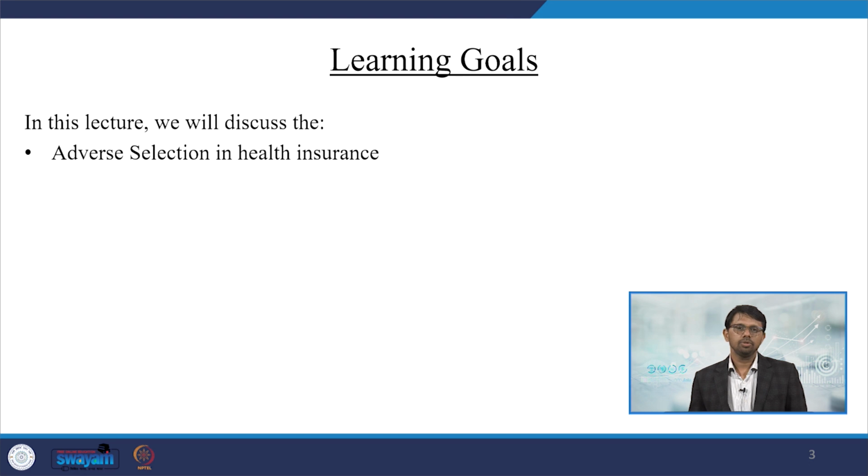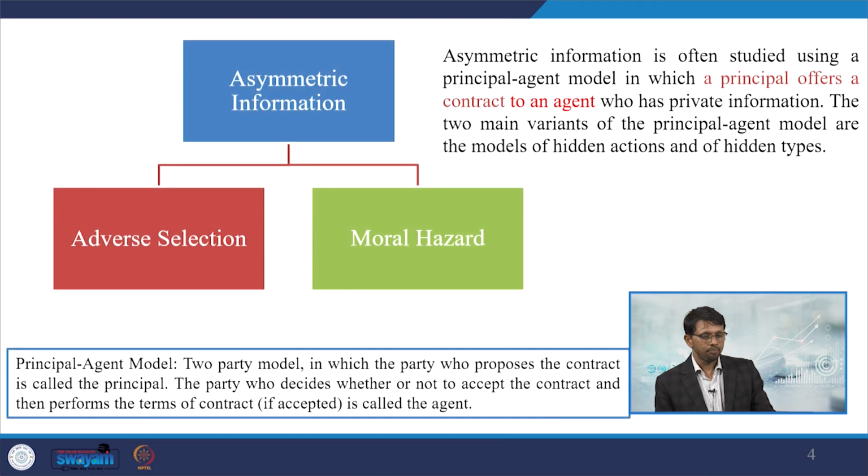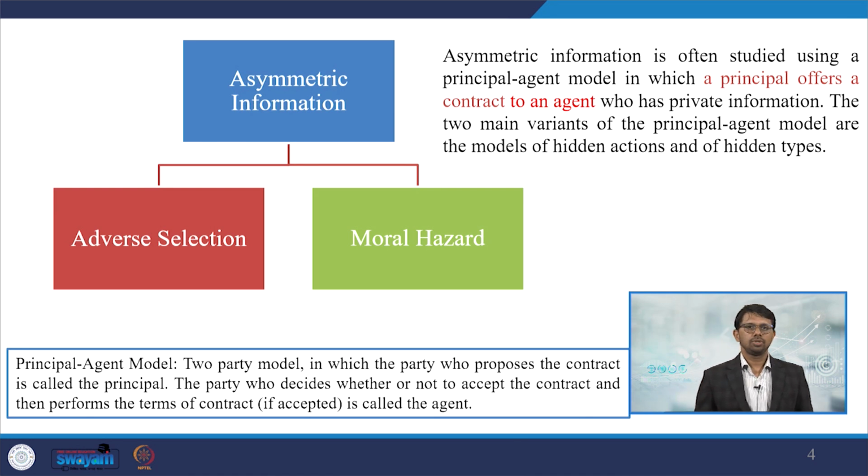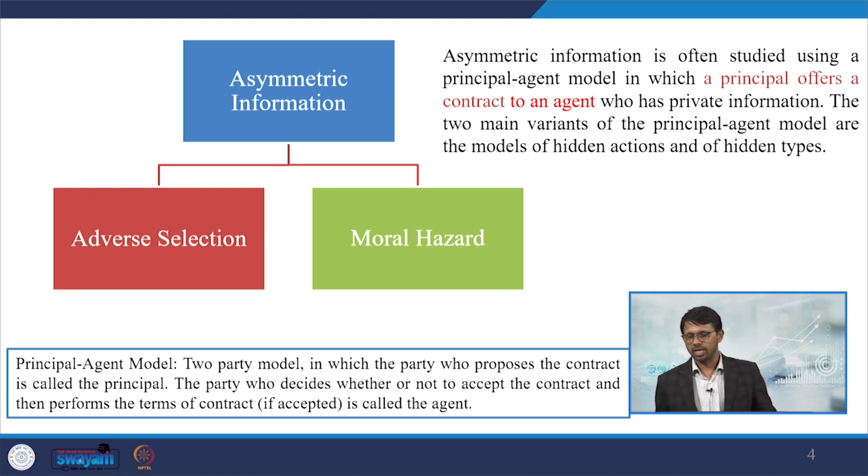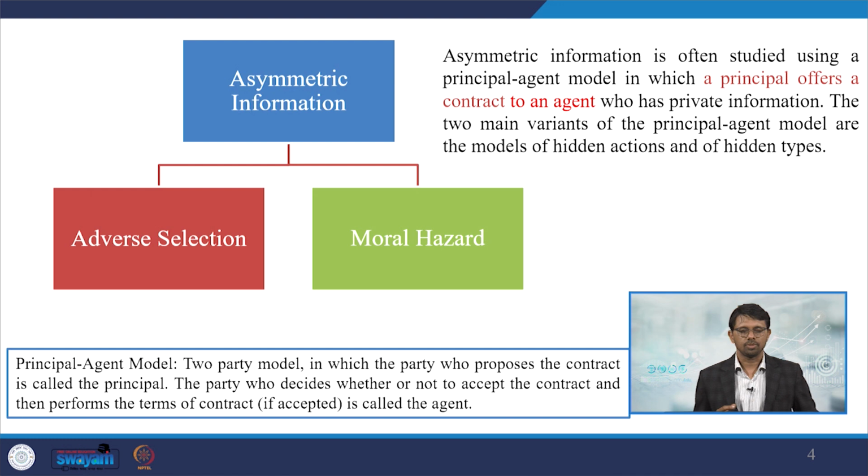In this lecture we will be discussing adverse selection in health insurance in particular. Adverse selection, as we know, is one of the important parts of information asymmetry.